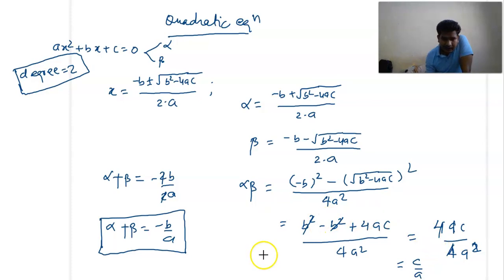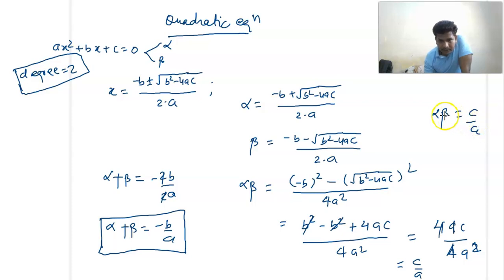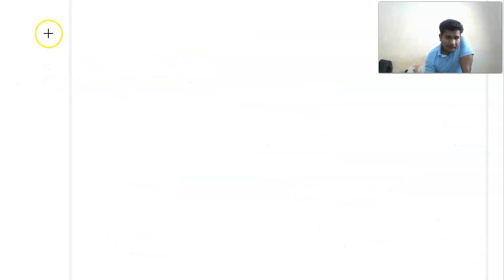So we can say that alpha into beta is equal to c by a. So it is the relation between the product of the roots, the product of the solutions. And if we want the difference of these solutions, alpha minus beta, then alpha minus beta is equal to the under root of alpha plus beta whole square minus 4 alpha beta.